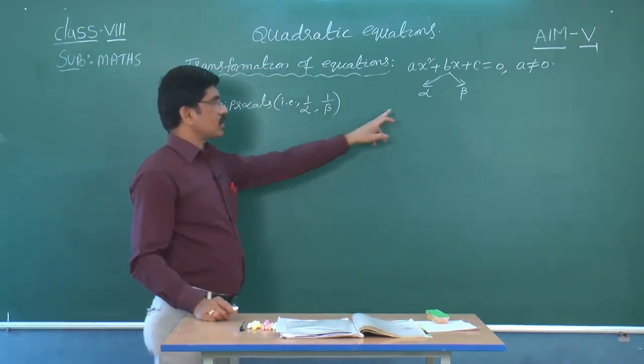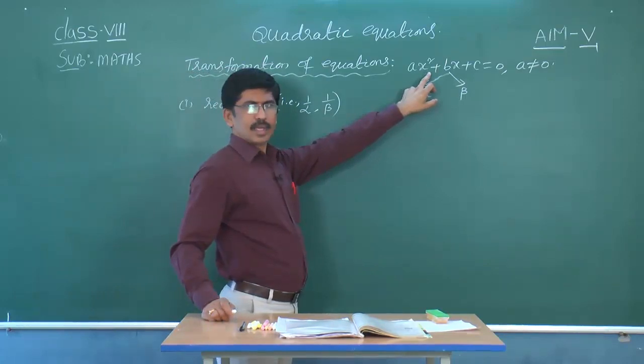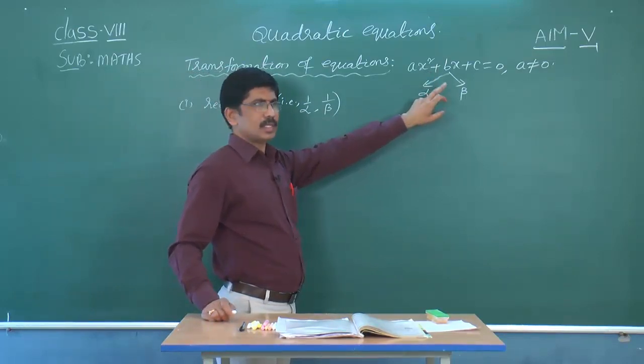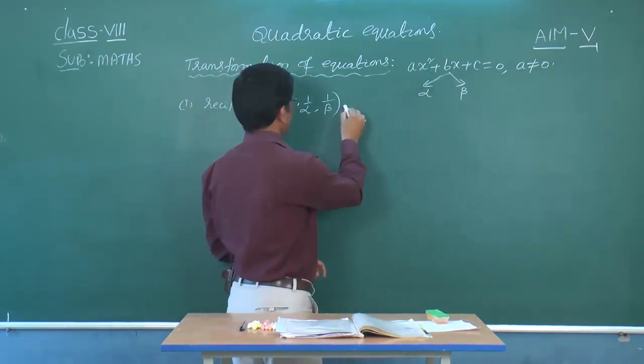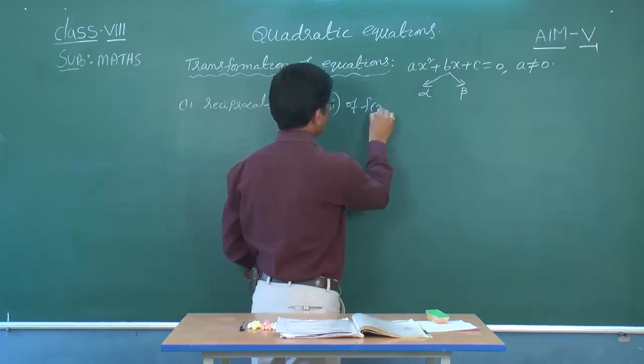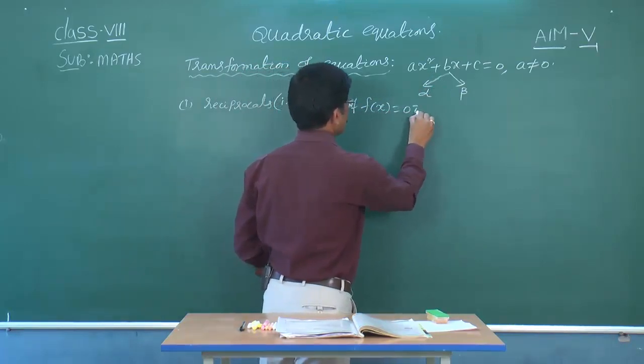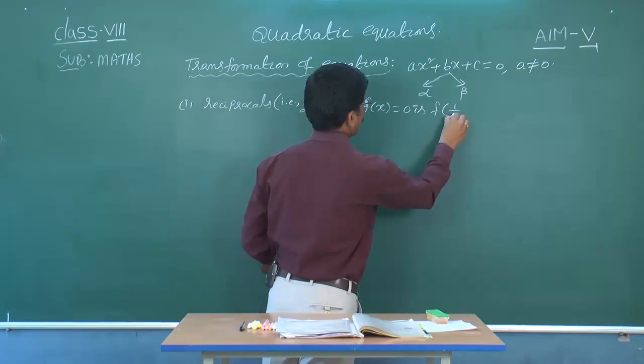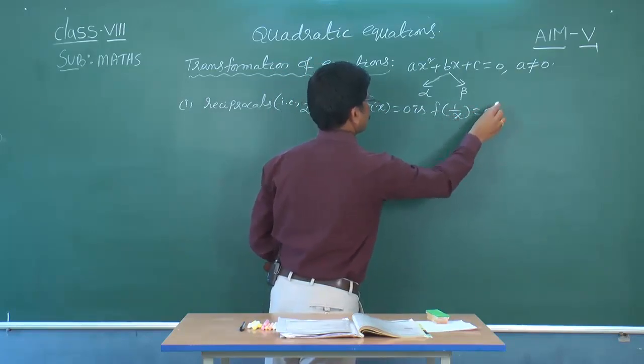If the roots of f of x is equal to 0 are alpha and beta, then the equation is f of 1 by x is equal to 0.